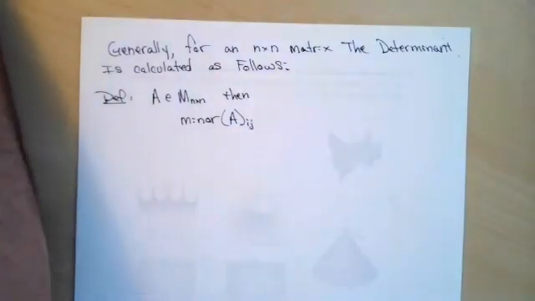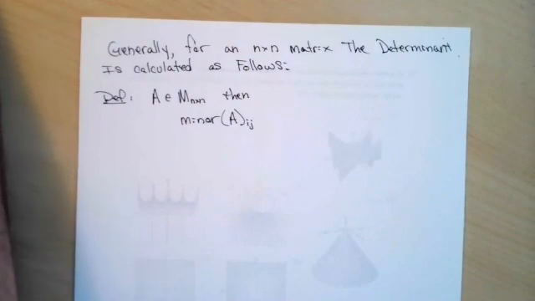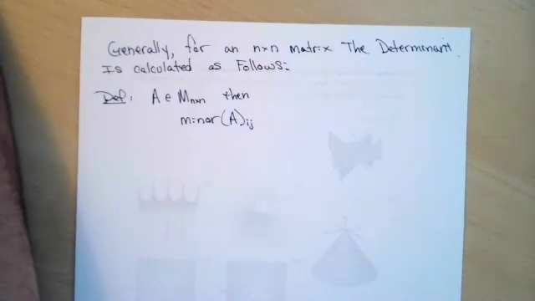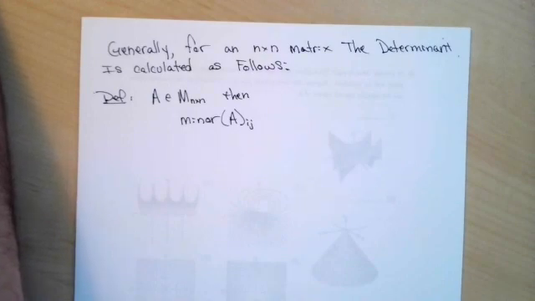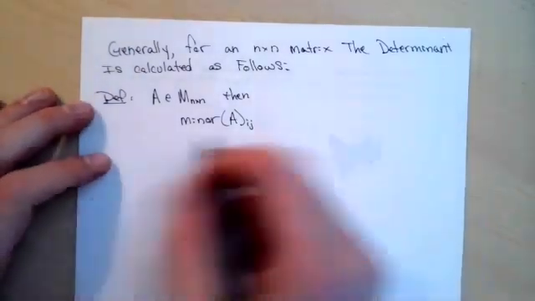Let me double check on that. I think that's the notation that the book uses. I want to be consistent with the book. There's different notations that people use. Determinants, cofactors. They first describe the minor, which they just write out as minor.